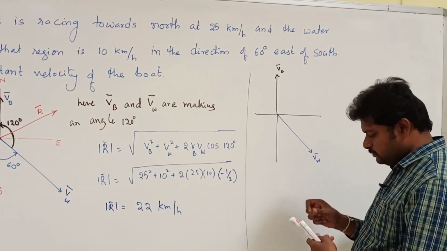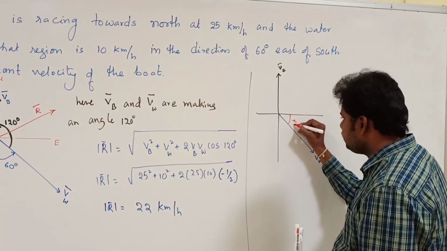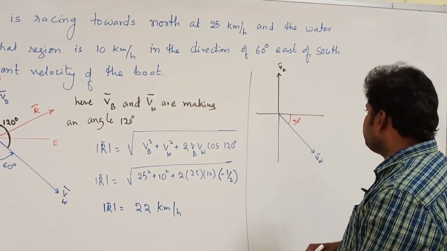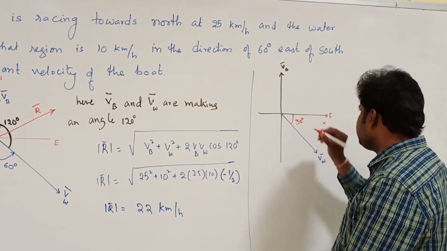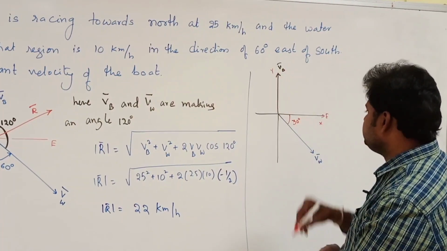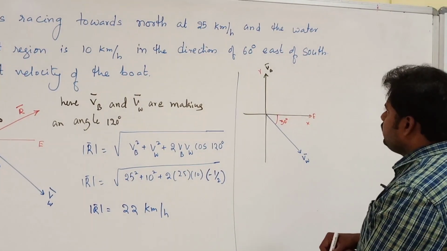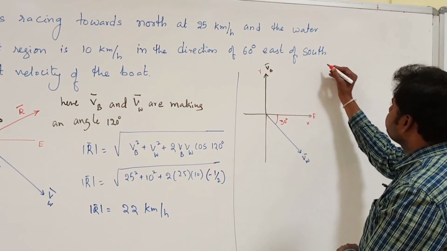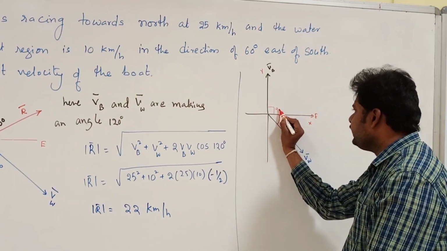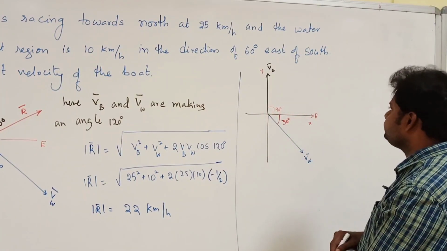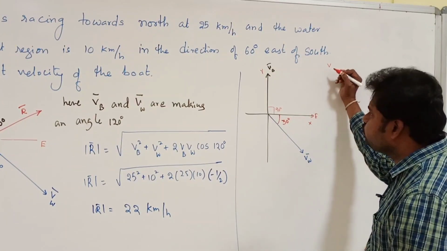The angle from this is 30 degrees. Now, this is the east direction. I am referring to it as the x axis, and this is the y axis. Now, the VB vector. What is the angle? Of course, this is 90 degrees. The VB vector is categorized into two components.